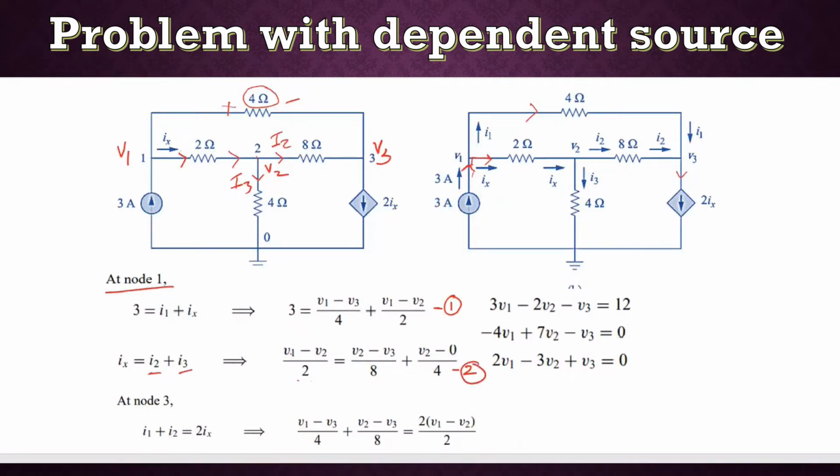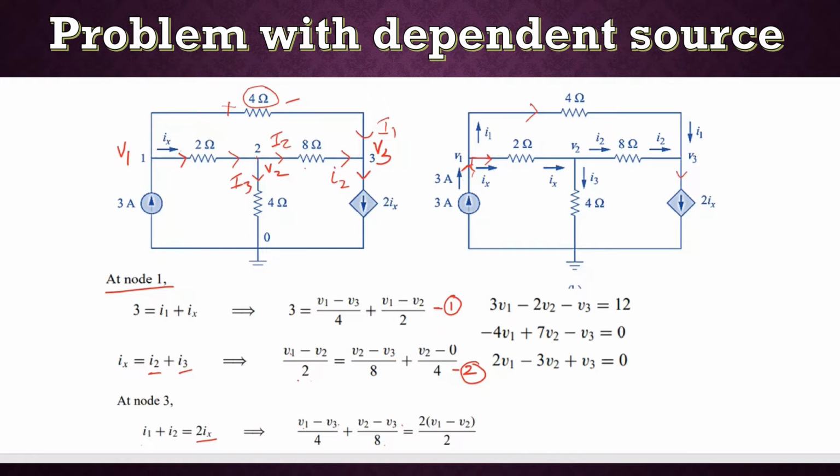Okay, equation number 2. And at node 3, I2 is coming, and here I1 is coming, and both are added, and it is Ix. So 2Ix is equal to I2 plus I1. So V1 minus V3 by 4 is I1, and V2 minus V3 by 8 is I2.